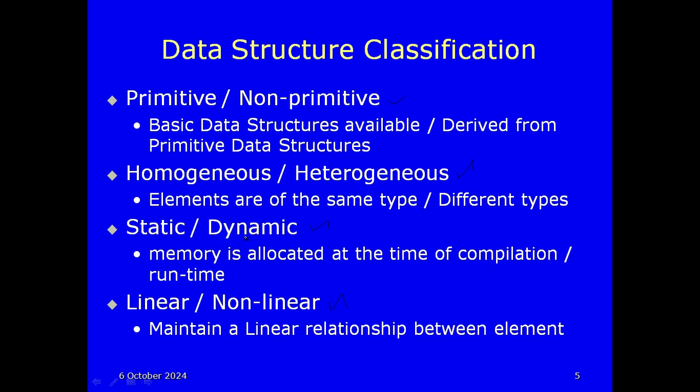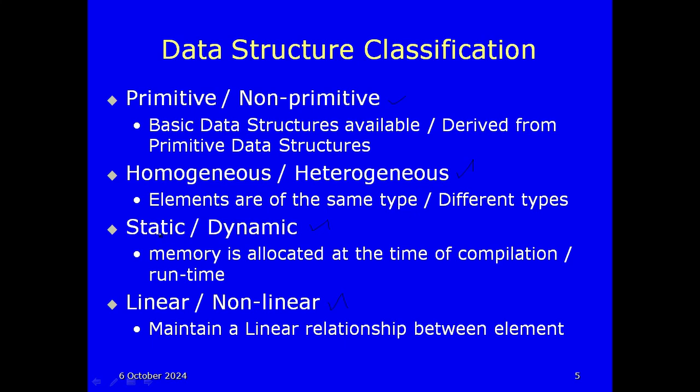Static and dynamic: this content is always discussed in a memory-oriented way, because we are going to store data in memory in two formats, one static and another dynamic. If you allocate memory statically, it is constant; you cannot modify it or change the value.